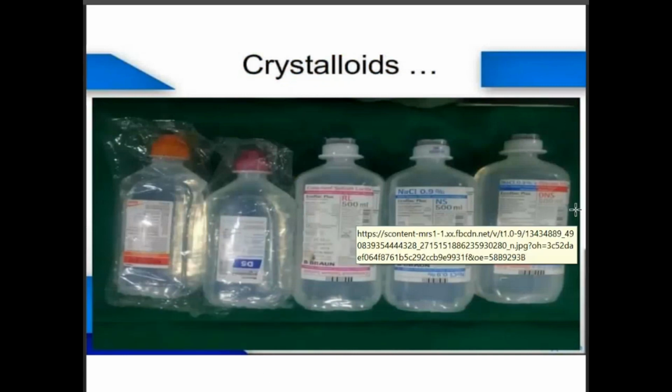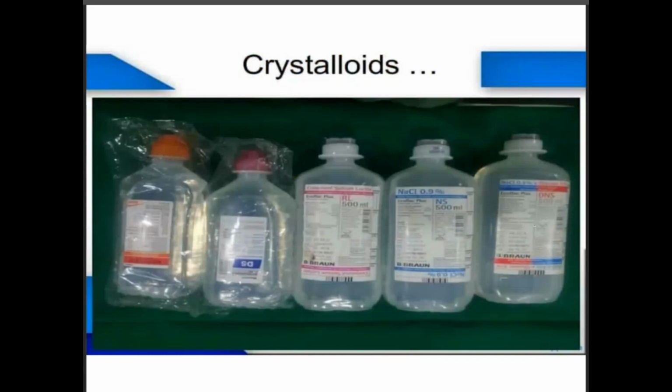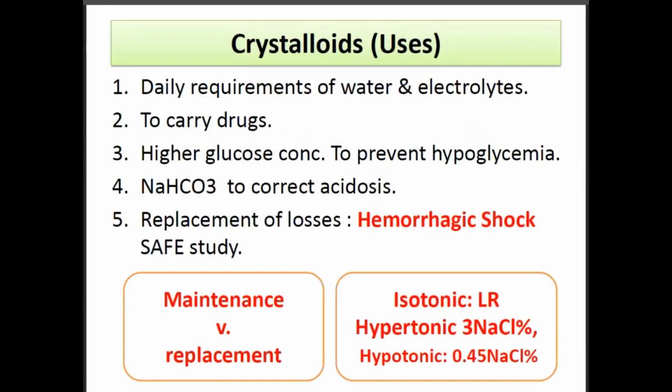You find it in every hospital. Be aware that you know each hospital and the hospital you are working with, what type of fluid. Okay, so in general, you need to know a few of these or all of them if you can. Crystalloids cover the daily requirements of water and electrolytes. For example, if you have a small child or an older man, or even yourself, if you are lacking fluids, you can replace it with crystalloids, like drinking water. Water of course is not a crystalloid, but you know the principle.